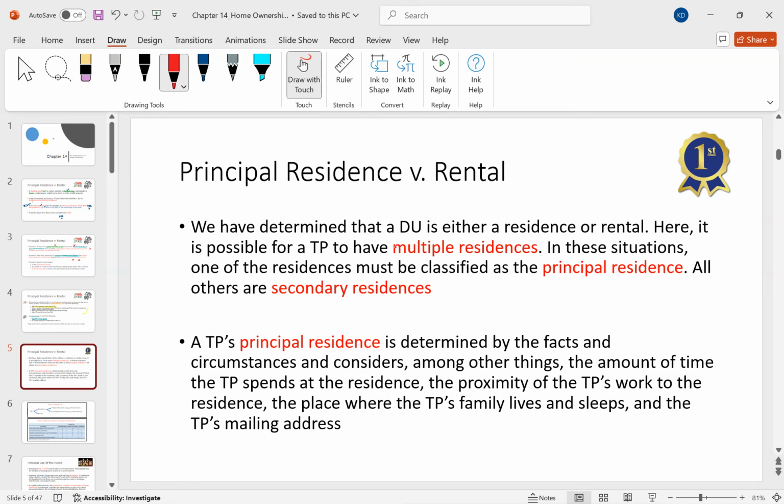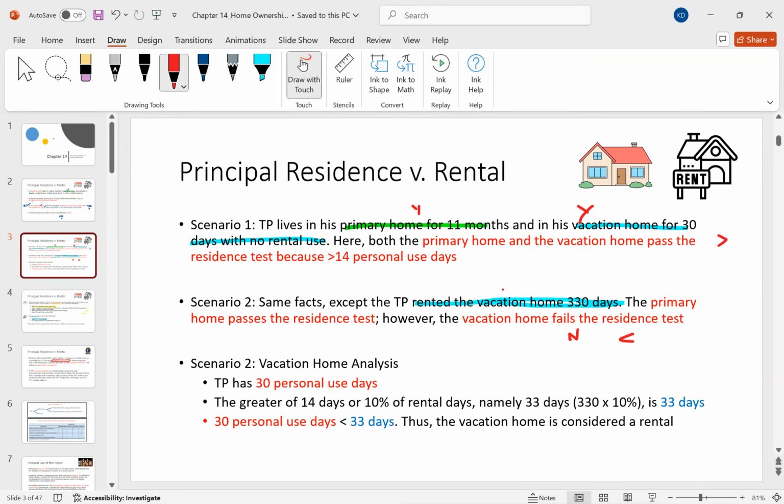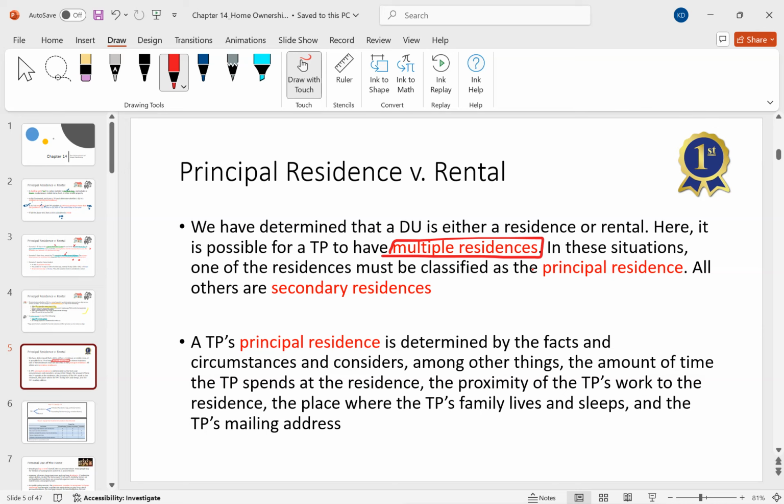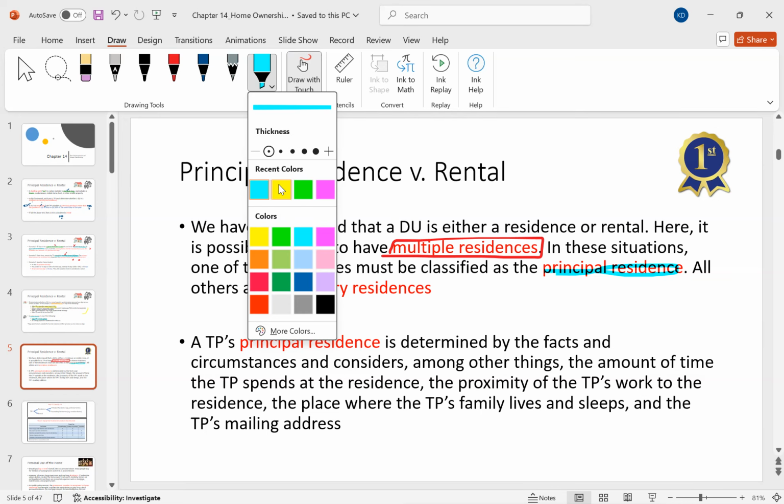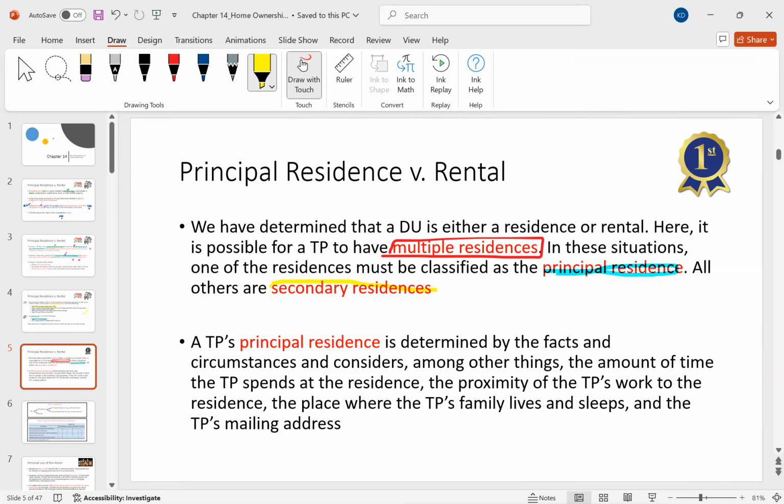One of the things to be aware of is that it is possible to have multiple residences. We saw over here that both a vacation home and the normal home would be considered residences, because they passed the test. When you have multiple residences, you have to have a principal residence, and all the other ones are considered secondary residences.